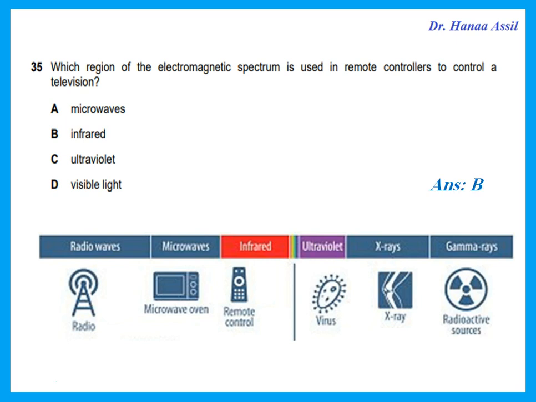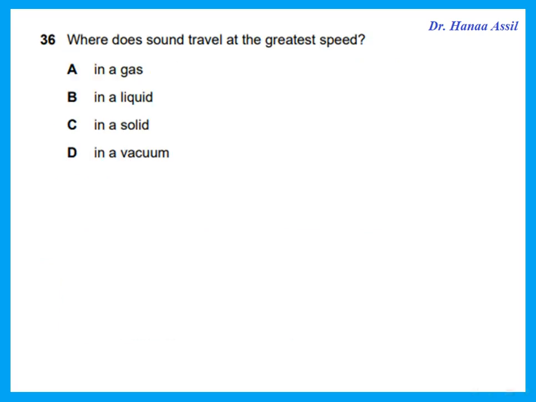Remember that UV light is used to kill microorganisms. So it sterilizes, for example, the medical instruments. X-rays are used to make pictures of bones. The gamma rays are used to treat cancer, for example, by radioactive rays. So my answer here is infrared.